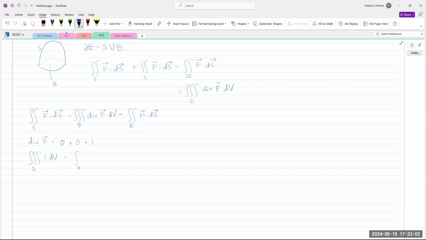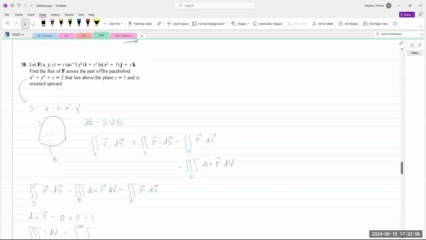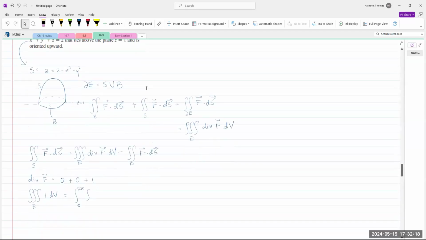Which is given by theta from 0 to 2 pi, and r from 0 to, hold on, that's up to z equals 1. z equals 1 means the radius is 0 to 1, and z will be from 1 to 2 minus r squared, r dz dr d theta.